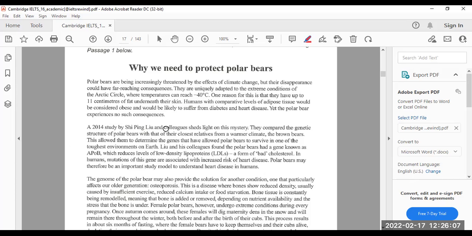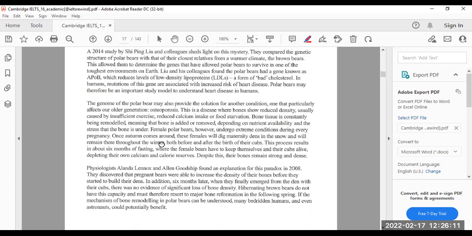So some research about polar bears. The genome of the polar bear provides the solution for another condition, that is older generation osteoporosis. This is a disease where bones, some disease that comes to polar bears. Then they have come up with the data of female polar bears.